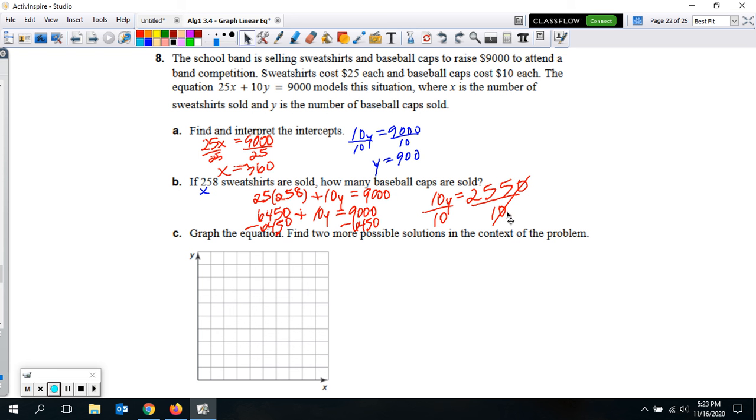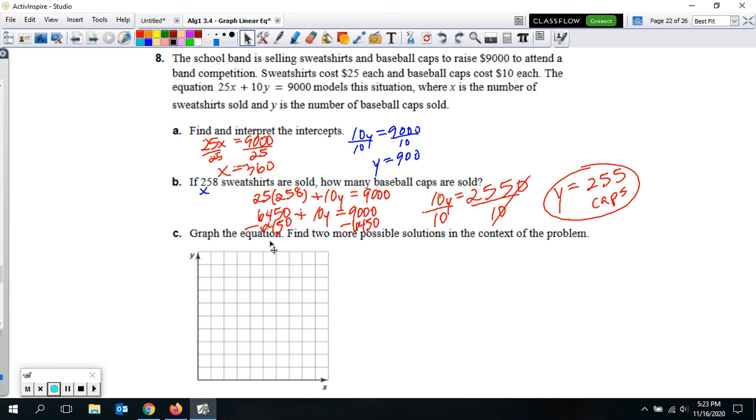This ends with a 0, this one ends with a 0, so 0 for 0 can cancel out. 255 over 1 is 255. So y is equal to 255, which means 255 baseball caps were sold. So if you sell 258 sweatshirts, you have to sell 255 baseball caps in order to equal 9,000.